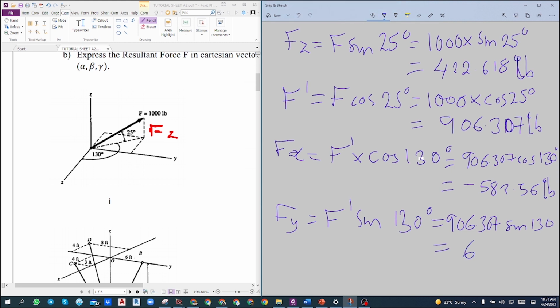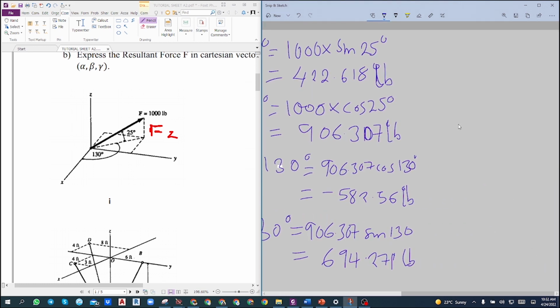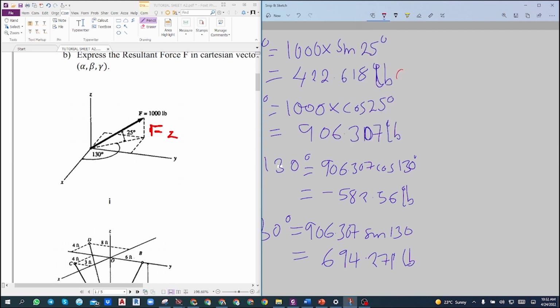So this is 694.271 pounds. Okay, so we found FZ, FY and FX. We are good to go. We have answered part A. So for those who need to know, the first answer is this one, the second one is this one, and the third one is this one.